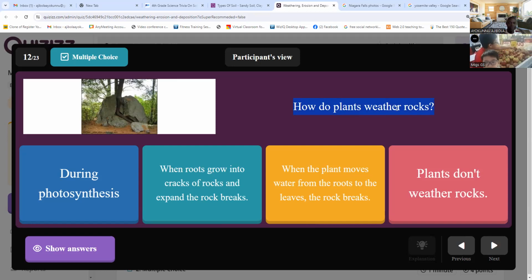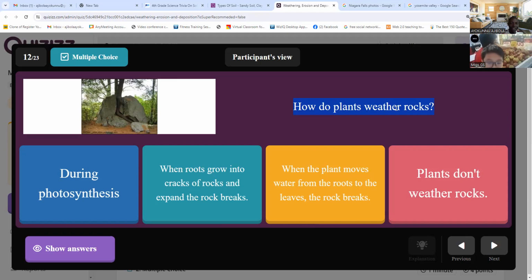The root has broken a part of the rock. The word tree sounds like number 3, but right now it's called tree, not number 3, because it's a plant.